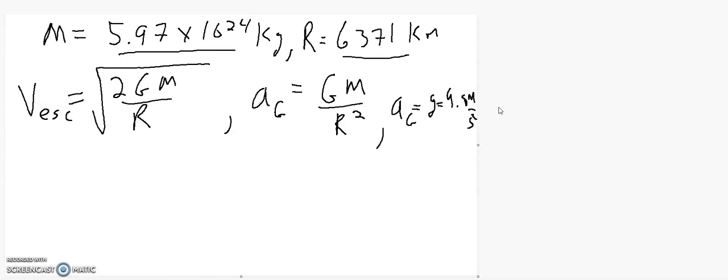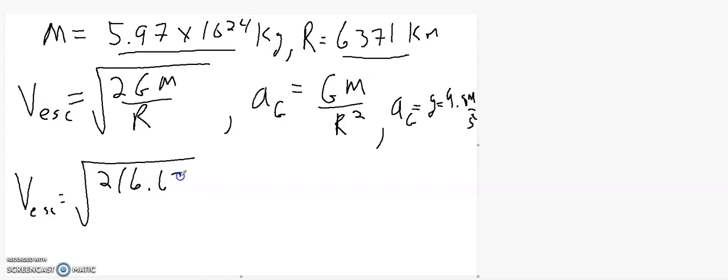All right, so let's prove that to ourselves and put the numbers in. Our escape velocity is equal to the square root. Remember, you're going to use the values for your planet. It's always 2 times big G, and big G never changes. It's the same value across the universe, 6.67 times 10 to the minus 11th.